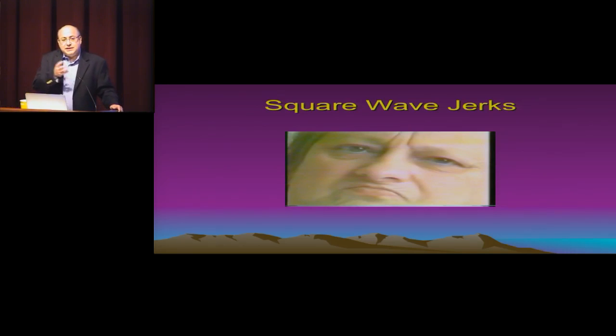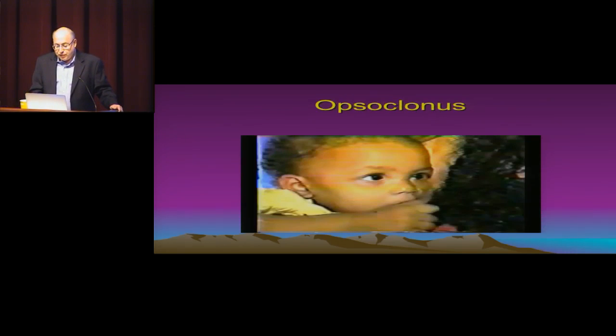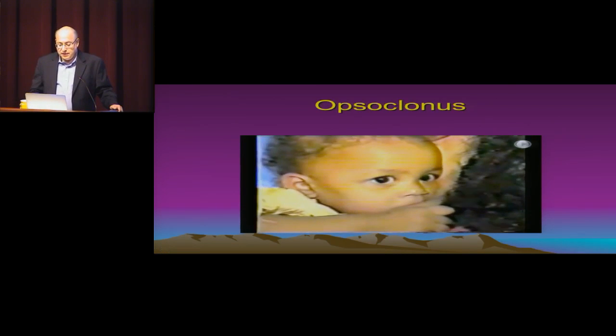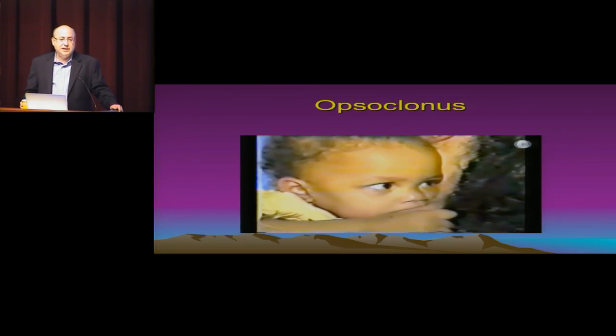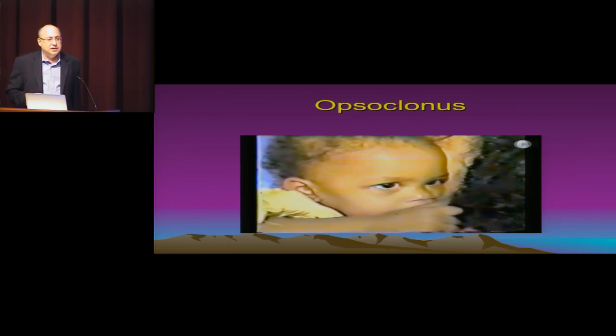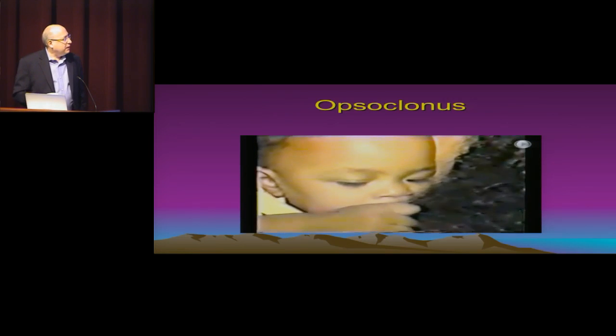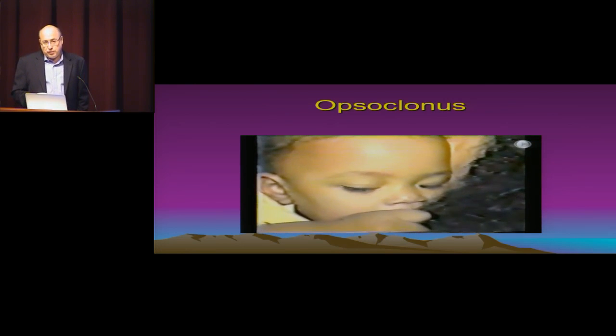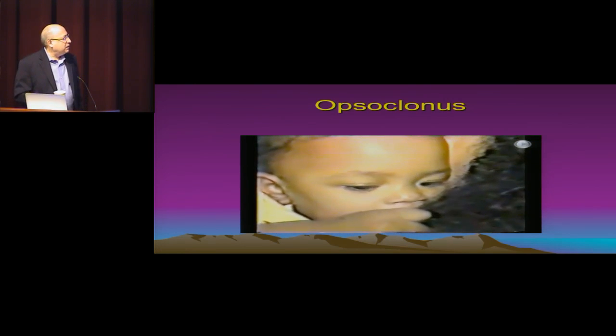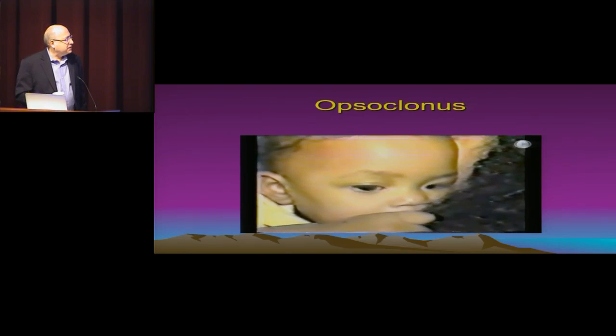Let's say we can't suppress saccades at all, and they really go out of control. We have what we've seen last month, opsoclonus, like this young kid who's got saccades going in all directions and can't suppress them. And this is a young kid with a neuroblastoma who has opsoclonus.